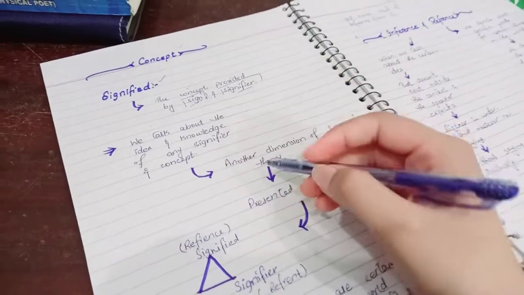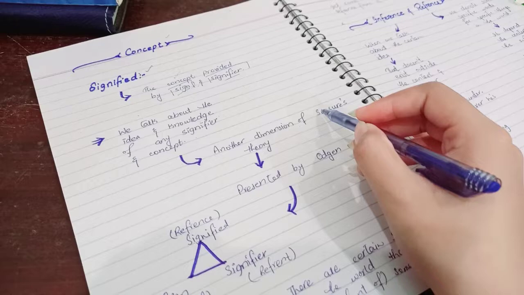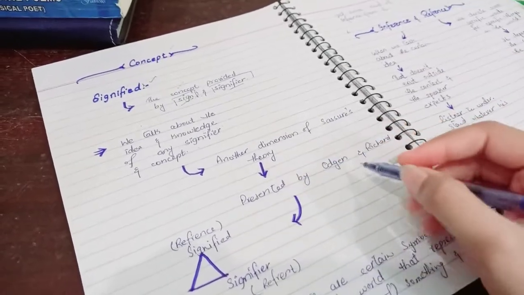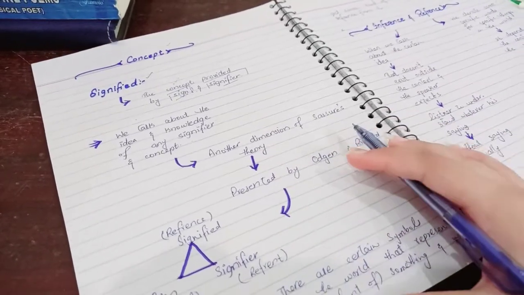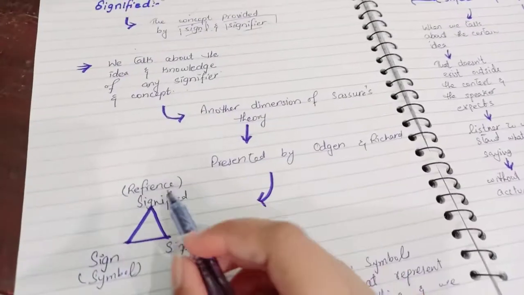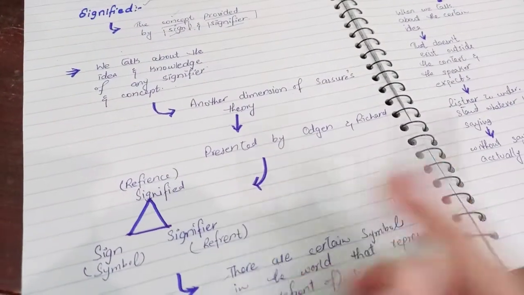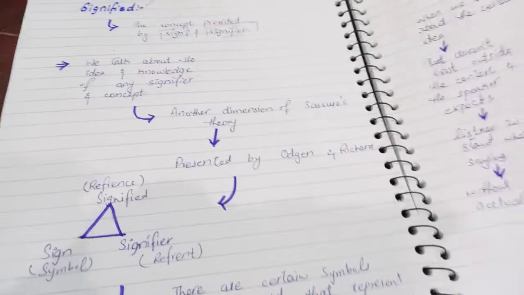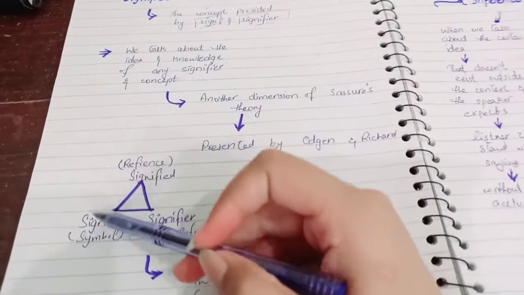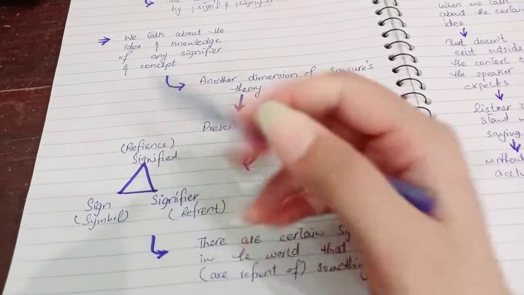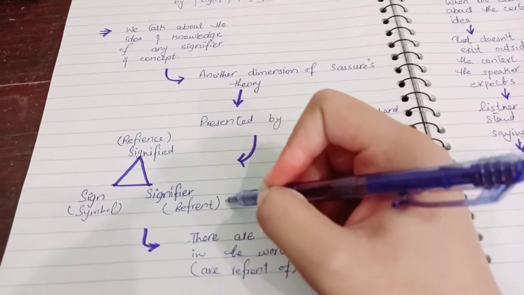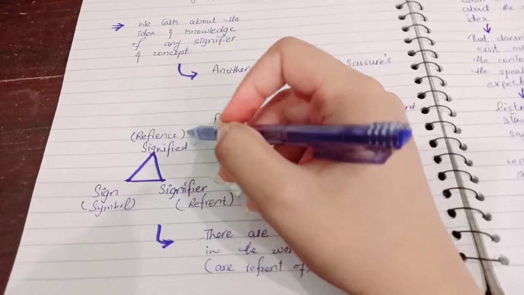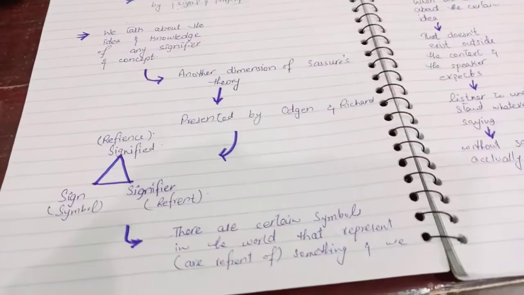But now we will discuss another dimension of Saussure's theory that is presented by Ogden and Richards. They said that reference, sign, and signifier, sign, and signified also have different names. Like sign is referred to as symbol, signifier is referred to as referent, and signified is referred to as reference.